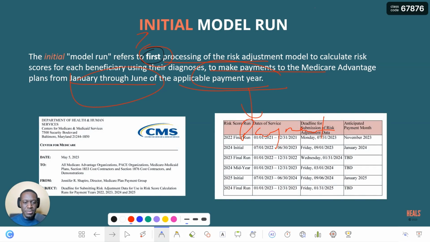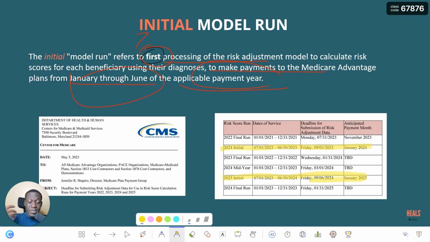Going through this, for example, on the May 5th HPMS memo that went out earlier this year, which was the deadline for submitting risk adjustment data for use in risk score calculation runs for payment years 2022 through 2025, there is an initial model run here, 2024 initial model run, and then 2025 initial model run.